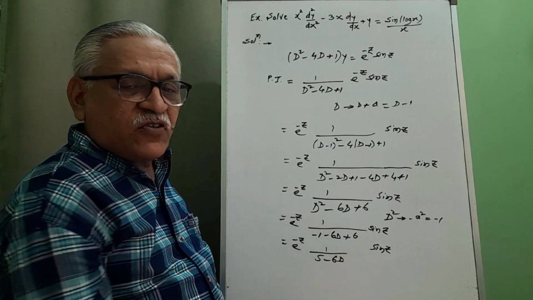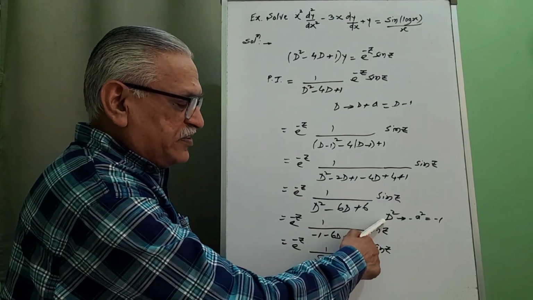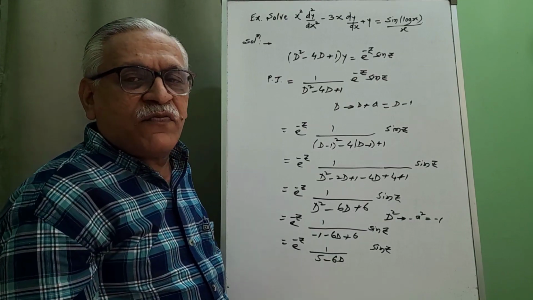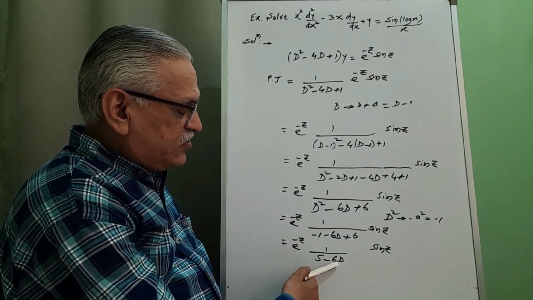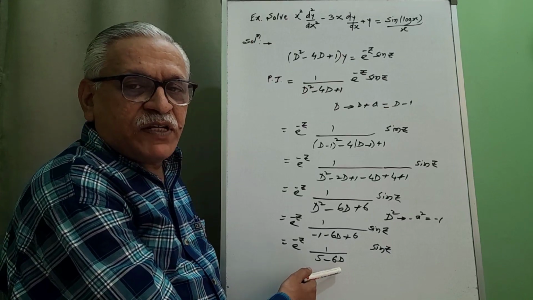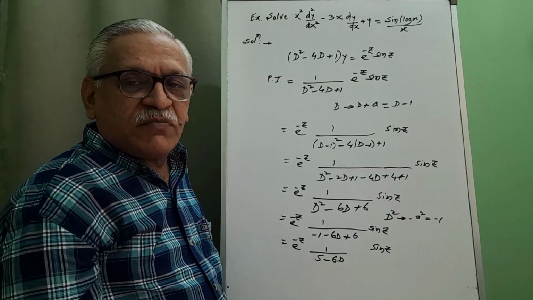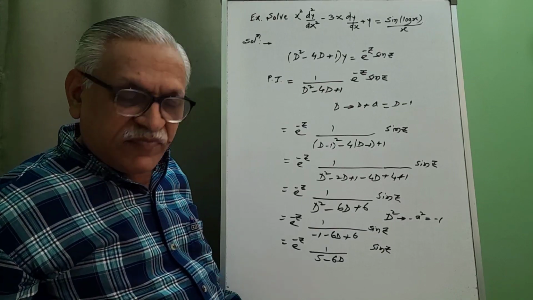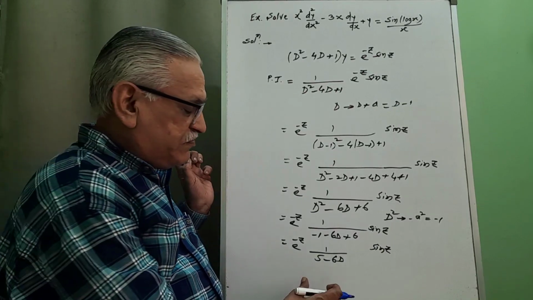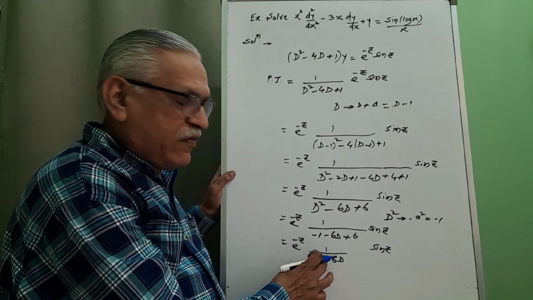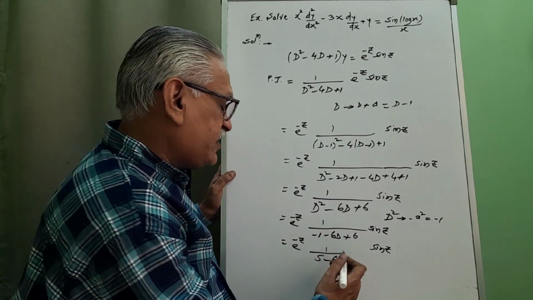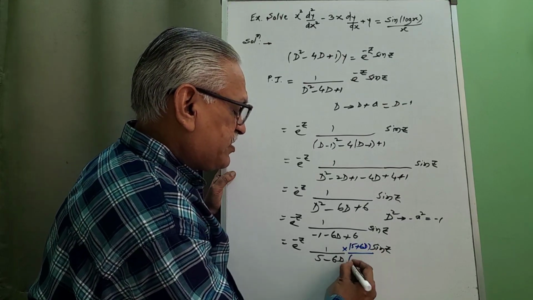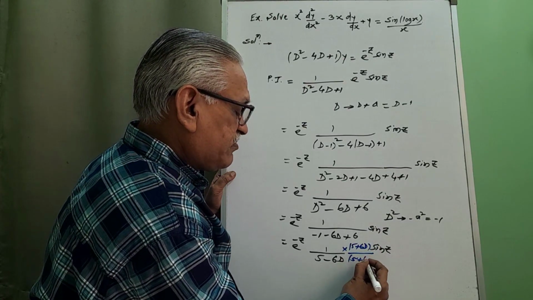And as it is operated on sin z, we have to replace D square by minus a square, means there must be a term of D square. Here it is not having that term of D square, only a single term of D. And therefore, to get that term of D square, we rationalize this term, multiplying and dividing by its conjugate. The conjugate is here 5 plus 6D, and divided by same term 5 plus 6D.